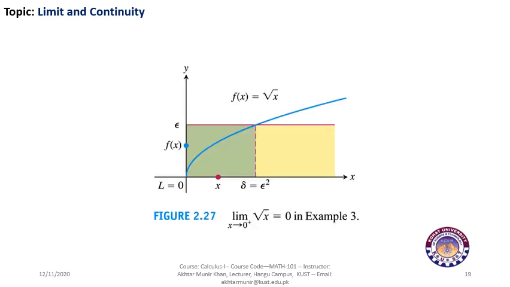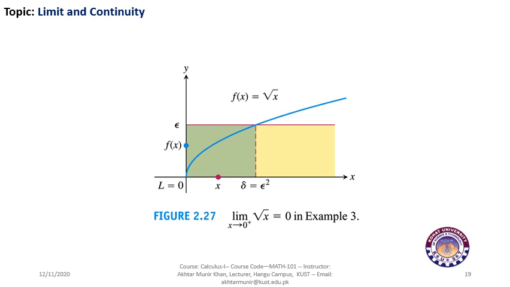Now assume that we have a function f of x equals the square root of x. As we know, for the square root function, the domain consists of only non-negative numbers, that is, numbers greater than or equal to 0.